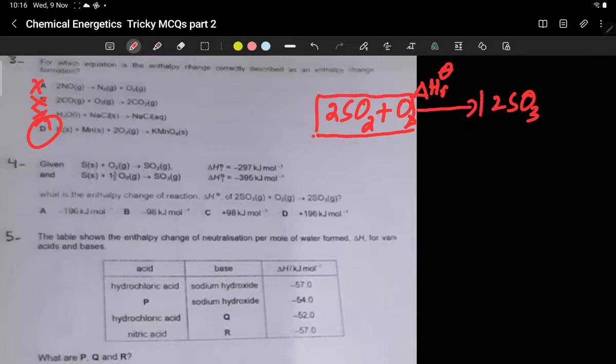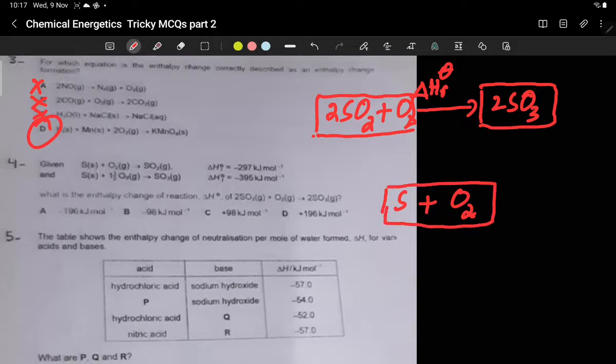Now this is two boxes, reactant boxes, and this is product boxes, and write down the elements on the third box. Sulfur plus oxygen. So you know that for sulfur plus oxygen, the enthalpy change of formation is given.